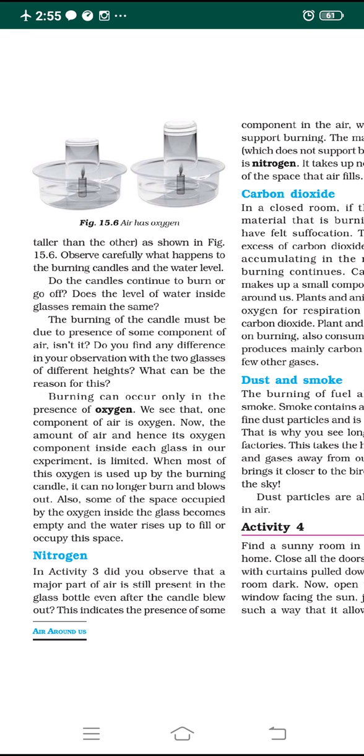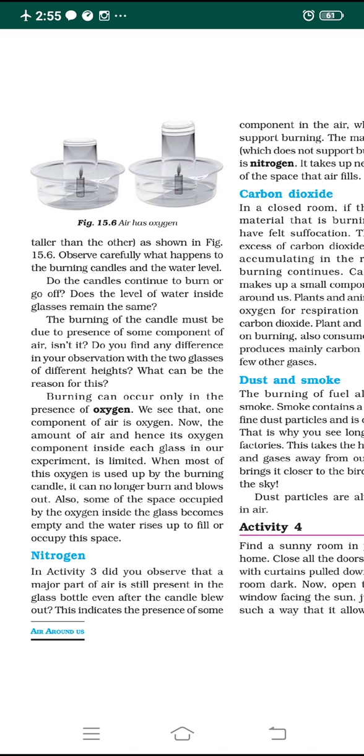Hence the water rises in the glass because there is empty space, which till now, before burning, was filled with air. So when the oxygen which helped the burning of the candle is completely over, the water starts rising inside the glass.